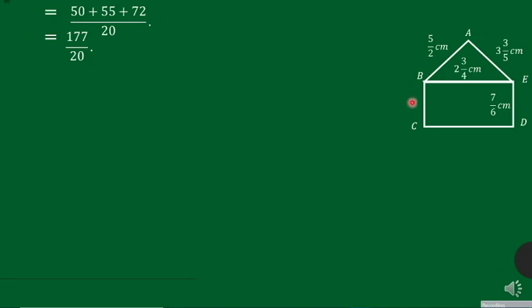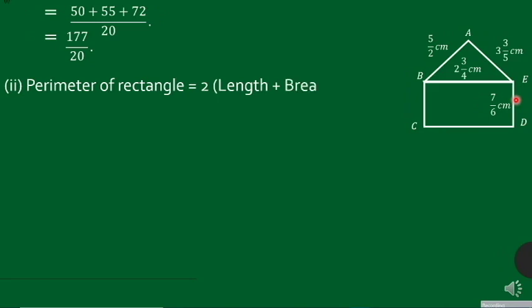Now, the second part of this question, we are going to find the perimeter of the rectangle. The perimeter of the rectangle you already know. The perimeter of the rectangle is 2 multiplied by length plus breadth. In question number 4, I already gave you this formula. So what is the length here?